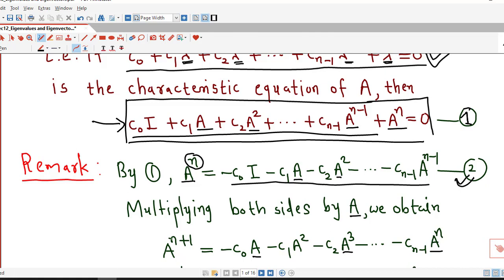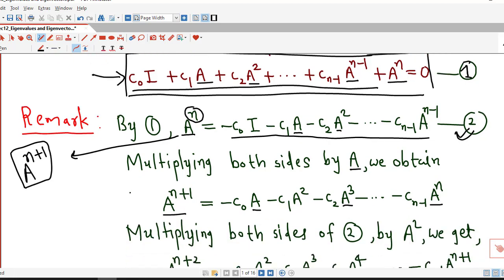And if we require A raised to n plus 2, we will again multiply this equation by A, or we multiply this equation by A raised to n plus 1 if we require A raised to n plus 2. So in this way, using Cayley-Hamilton theorem, we can find out powers of a given matrix.